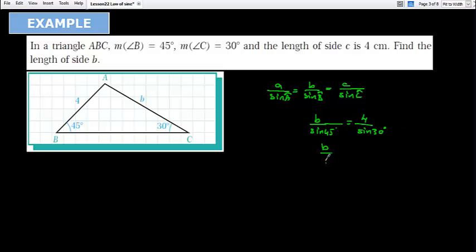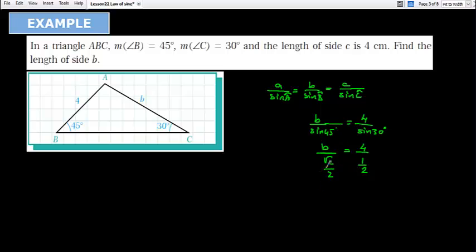So b over sine 45, which is root 2 over 2, is equal to 4 over sine 30, which is 1 over 2. Root 2 over 2 is in the denominator of b's ratio, and 4 over 1 over 2 is 8.